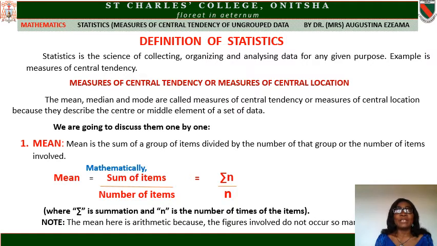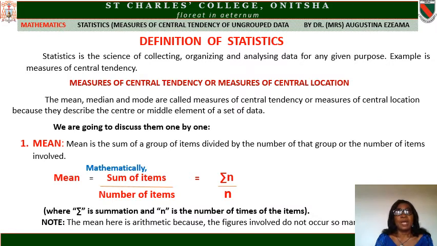The mean, median, and mode are called measures of central tendency or measures of central location because they describe the center or middle element of a set of data. We are going to discuss them one by one.